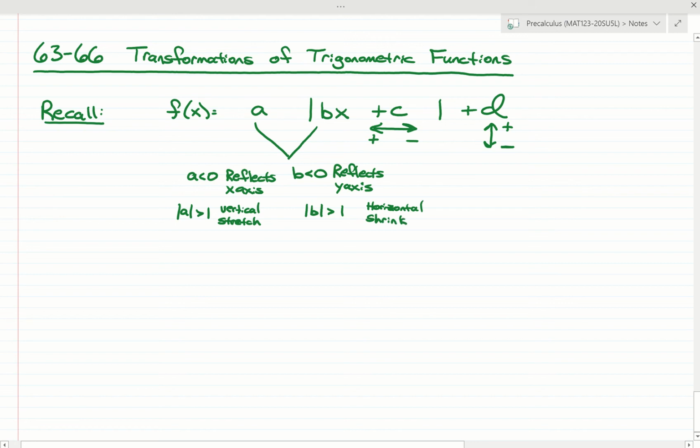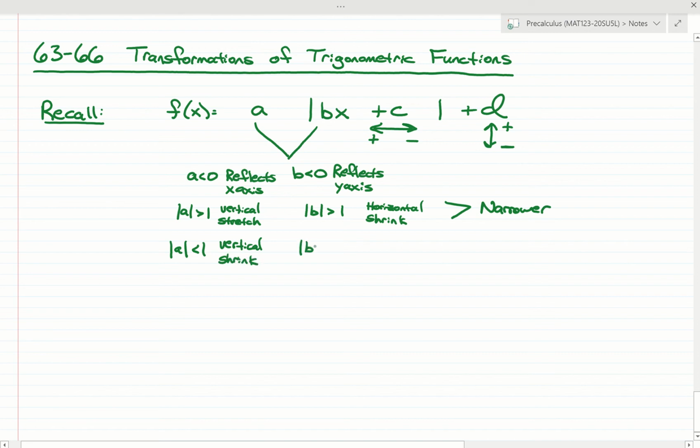Our trigonometric functions are going to have both A and B values. The B is going to affect the period, so it's going to compress the graph or stretch it out. And both of these actions tend to make the graph narrower. Now if the absolute value of A is less than 1, this is called a vertical shrink.